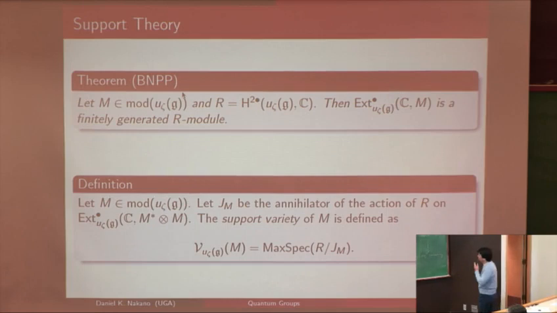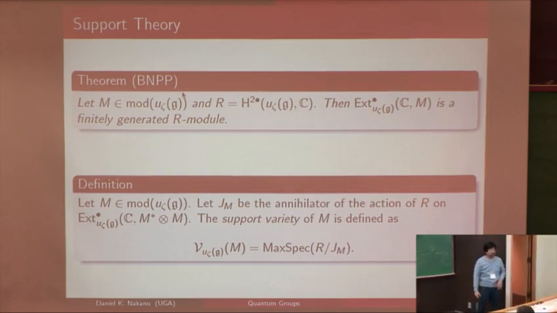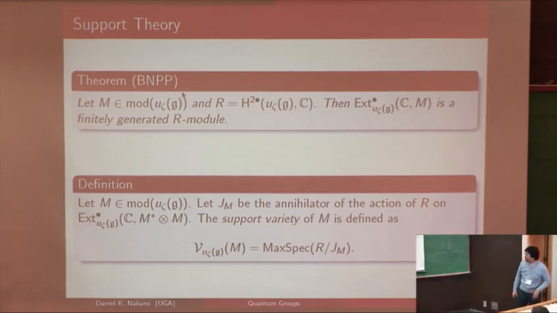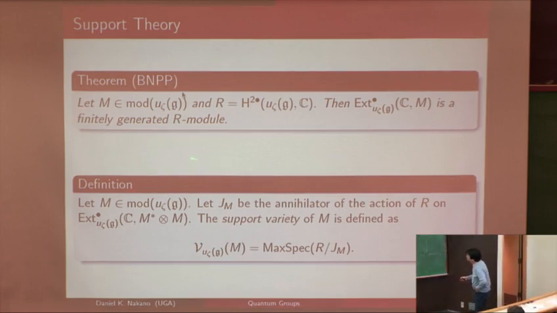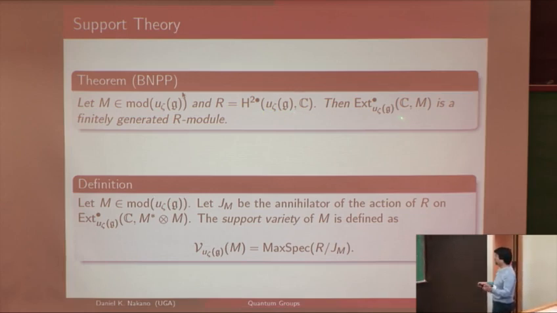Now, with the cohomology result, we can define what are called support varieties. Here's how the construction goes. You take a finite dimensional module, and you take the cohomology ring. The cohomology ring acts on this via the Yoneda product. If I take an extension of C by itself, I can compose it with an extension of C with M. So I just compose using the Yoneda product.